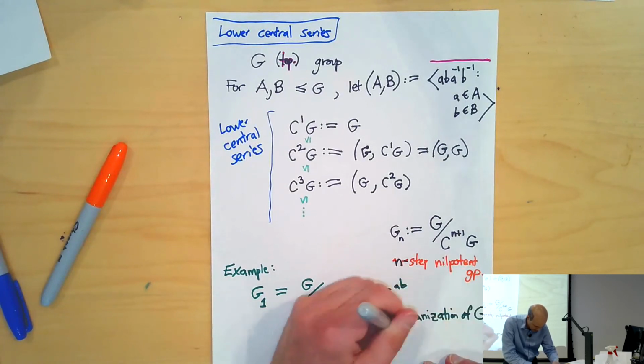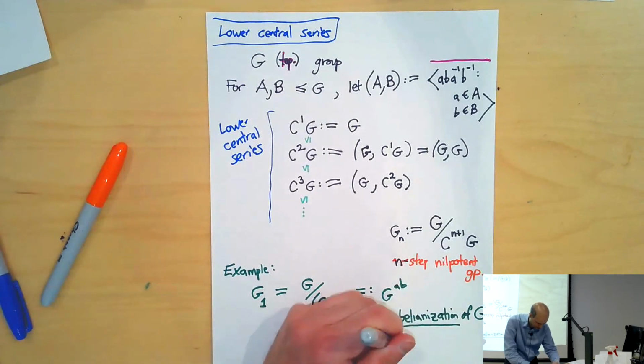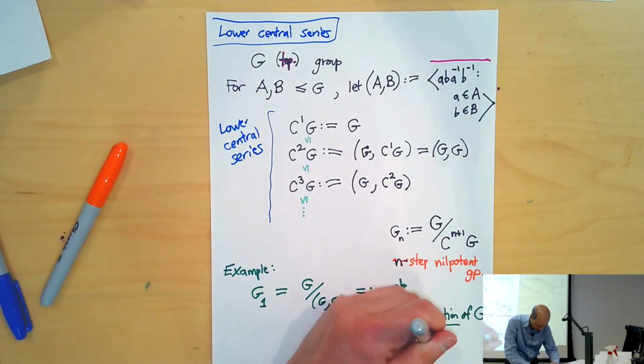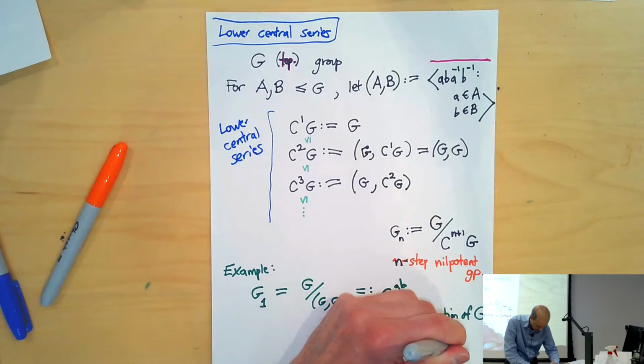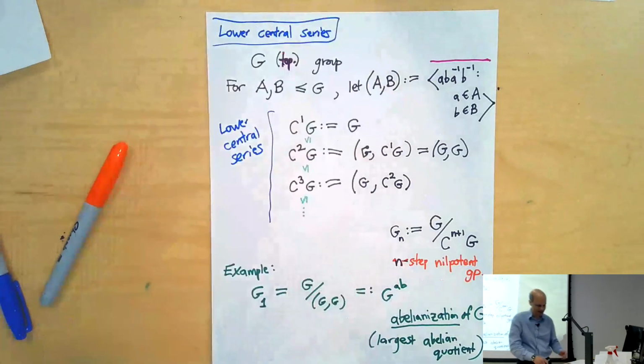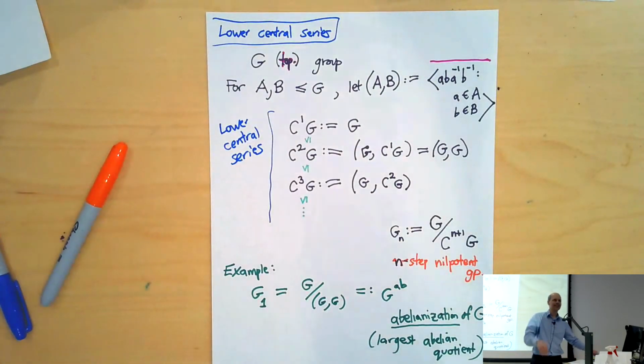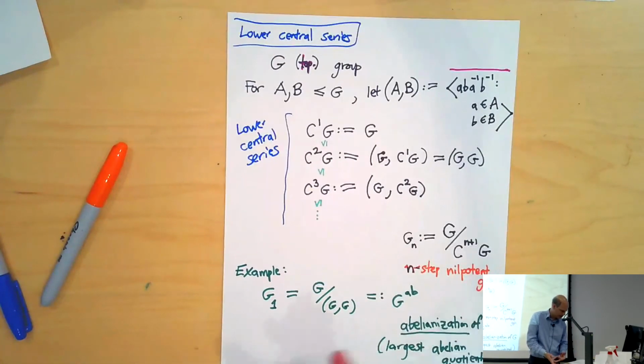It's the largest abelian quotient. Well, I guess you have to understand quotient in the right sense. If there's a topology, then it's okay. Maybe it's the largest Hausdorff abelian quotient or something like that. Okay, anyway, so that's G1. G2 would be the next step, and so on and so on.